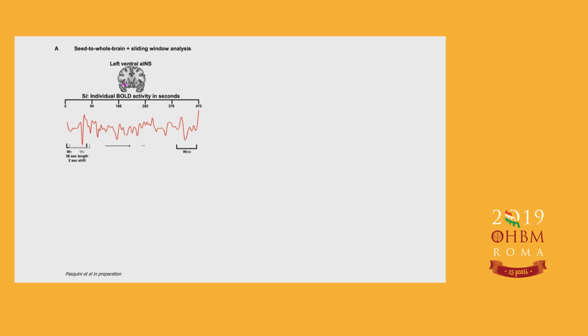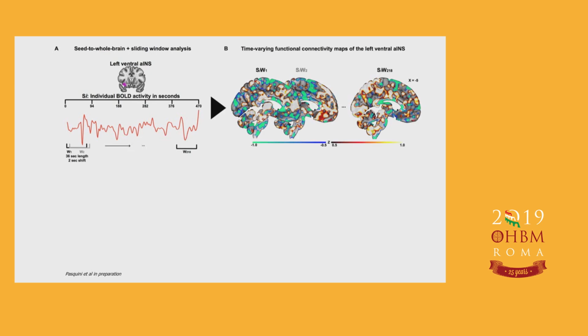And we then proceeded to the application of our time-varying connectivity pipeline, which was a variation of the sliding window approach, where we extracted a time series from the ventral insula, and then we built windows of 36 seconds length, and on a 2-second shift basis, we just slid these windows and built segments or periods of this time series of the insula.